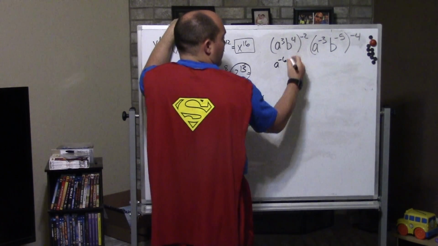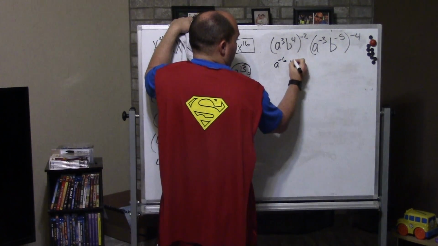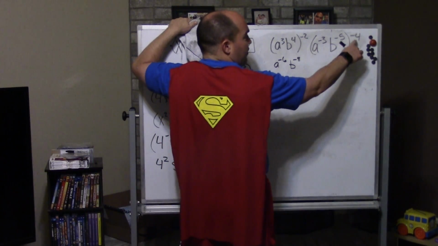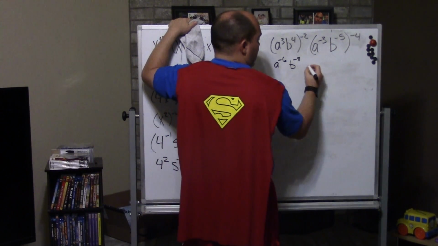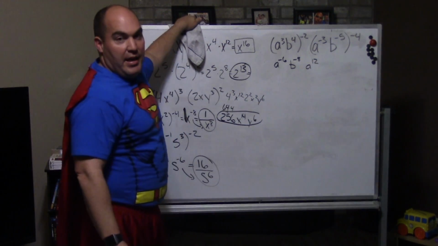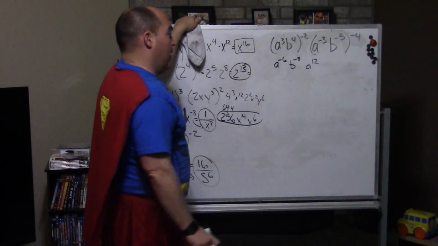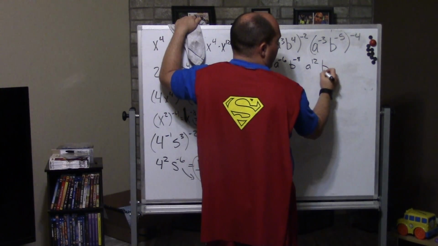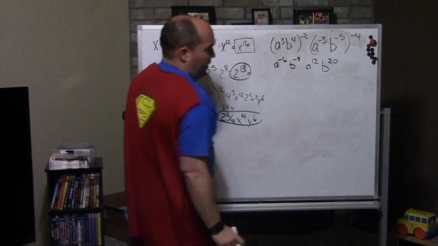B to the 4th to the negative 2 is going to be b to the negative 8. We've got a to the negative 3 to the negative 4th, so that's going to be a to the 12th, because remember a negative times a negative is going to be positive. And then we've got b to the negative 5th to the negative 4th. It's going to be b to the 20th.